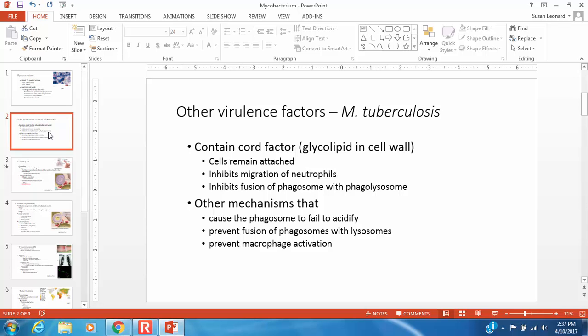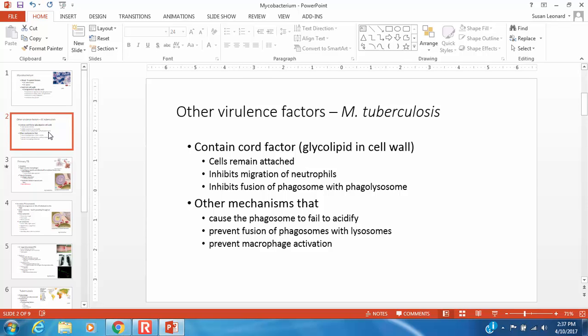Some other virulence factors, your book doesn't get too specific here, and the more I read about this, the more I understood that that's just because it's incredibly complicated. So I'd say read more about it if you're interested, but we're going to keep it to an introductory microbiology level here. There is a particular virulence factor that, again, only Mycobacterium tuberculosis has that we refer to as cord factor.